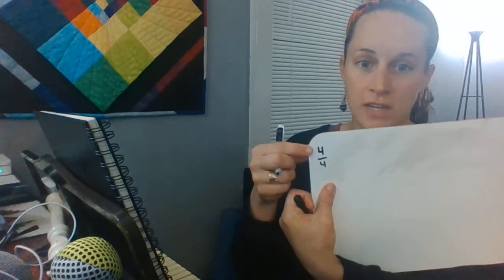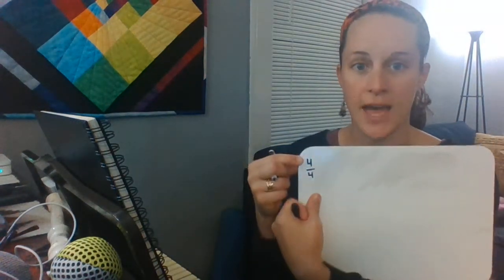Now, what I am going to do, let's see. Ooh, I should have brought an eraser home from school, and I didn't. So that's not going to look great, but forgive me. I'm going to draw 4 lines because remember, we're going to have 4 beats in every measure. So I'm going to write my time signature, 4/4. Remember that we look at that top number to see how many beats we have in the measure.